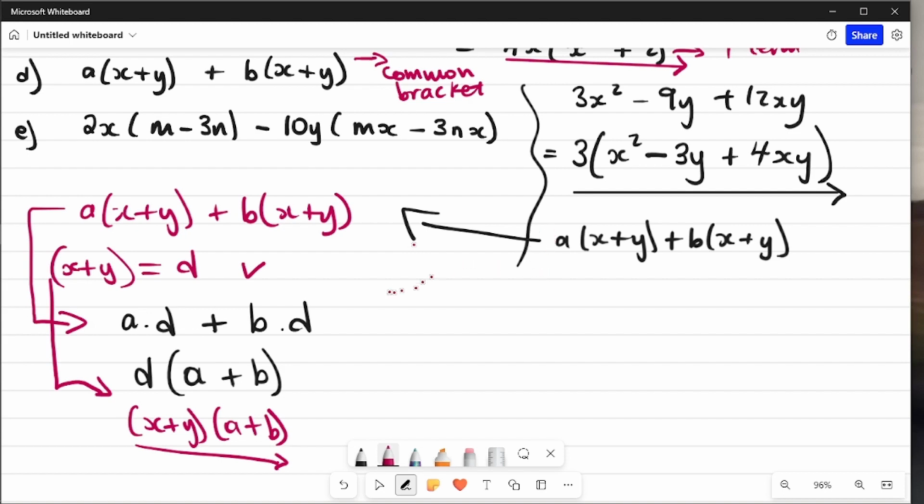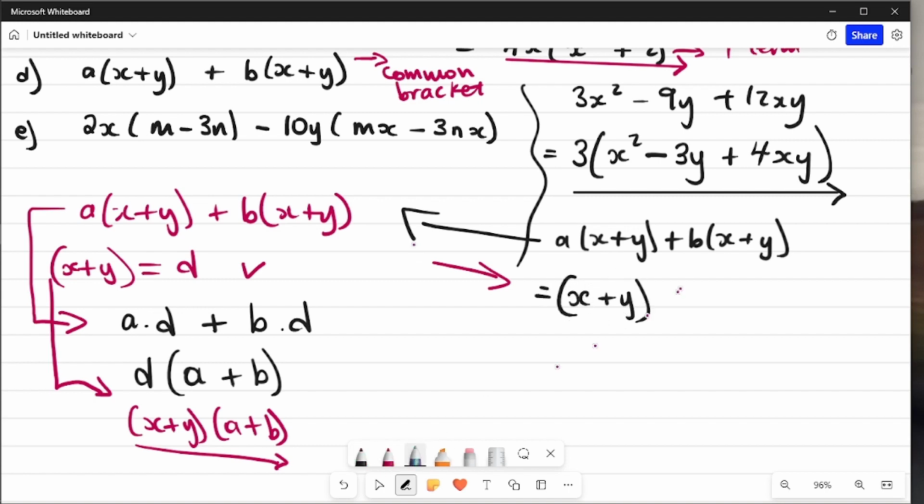Let's come back to our original question. If we take out the common bracket, the terms inside the brackets must be the same in every aspect. Then we say it is a bracket that is common between the 2 terms. So we take out a common bracket of x plus y.